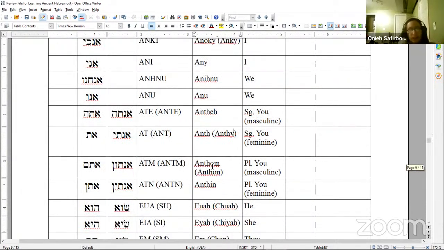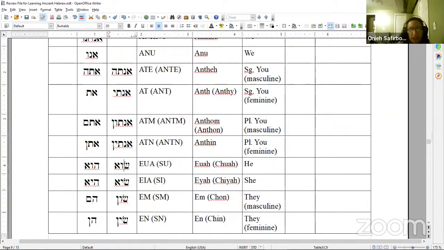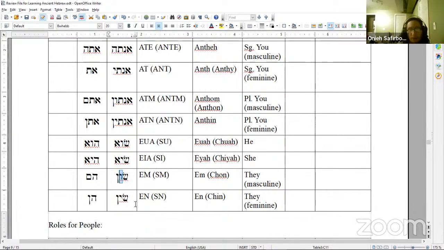Okay, and then see, the original form was probably UN, because that's the form it is in Akkadian, and IN, that's the form it is in Akkadian. And then we have a wa versus yod, and again, a wa versus yod.